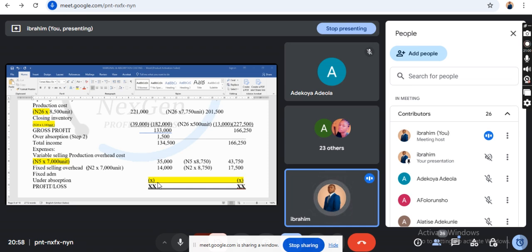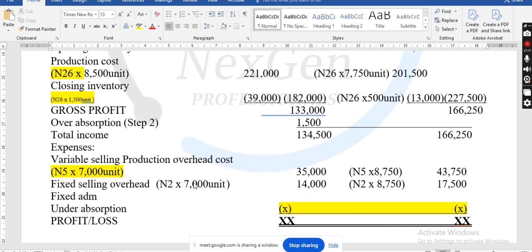So therefore, we are not supposed to multiply by 7,000 units for the fixed selling overhead, as well as 8,750, because it's supposed to be fixed. So you can change it to 8,000 units, class. Don't forget how we get our 8,000 units: 96,000 units divided by 12.